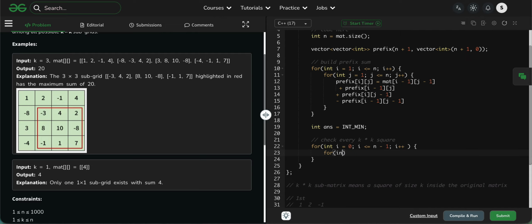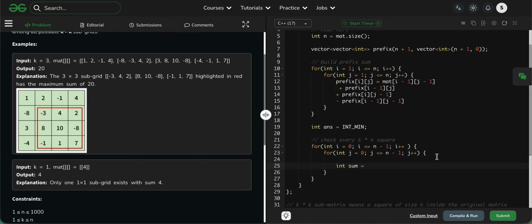And then the same type for int j is equal to 0, j less than or equal to n minus k, j plus plus, got it? And then int sum is equal to the same formula.